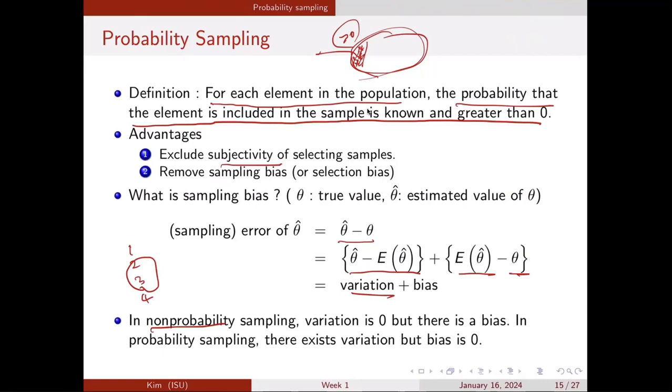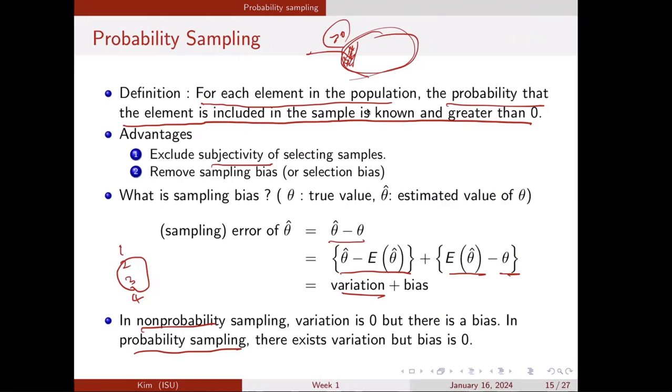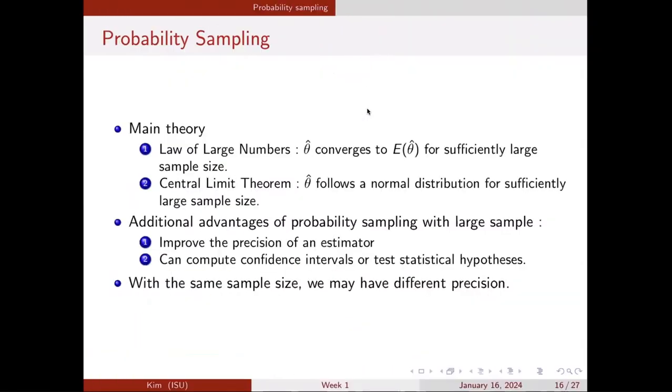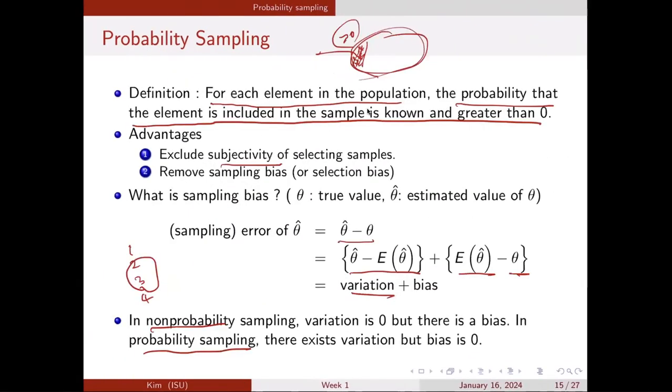On the other hand, in probability sampling, there exists variation, but the bias is 0, right? Okay, so that is the advantages of probability sampling.